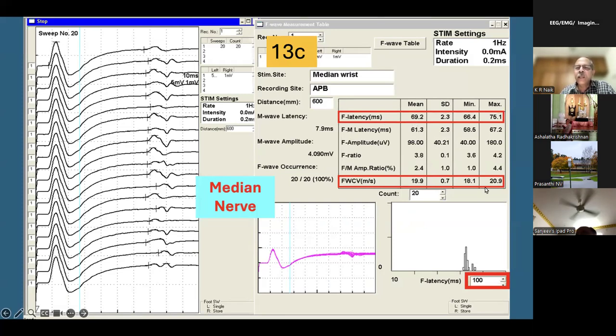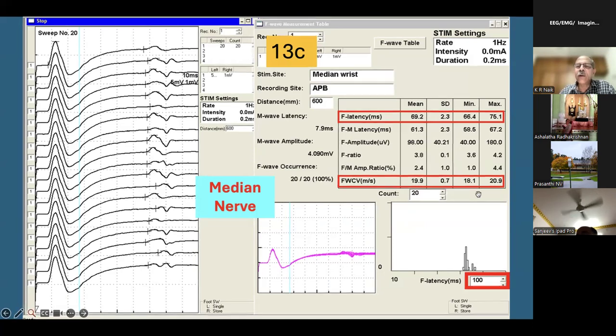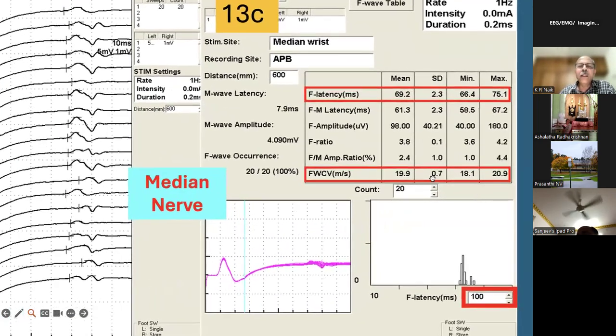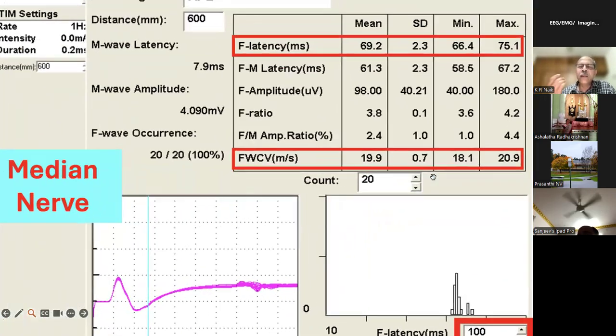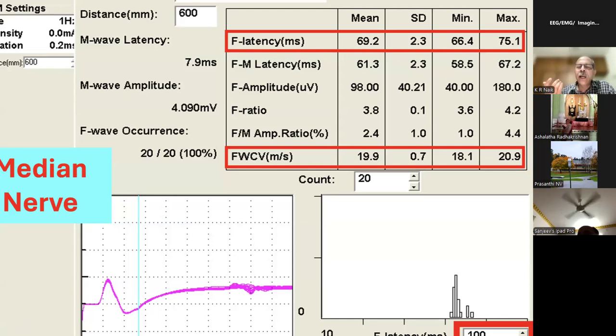And you can calculate the F-wave conduction velocity by a simple formula, where you feed in the distance from the stimulation site to the midline, that is the anterior neck for the upper limb nerves, and in the lower limb till the umbilicus. They calculated a mean conduction velocity of 39.